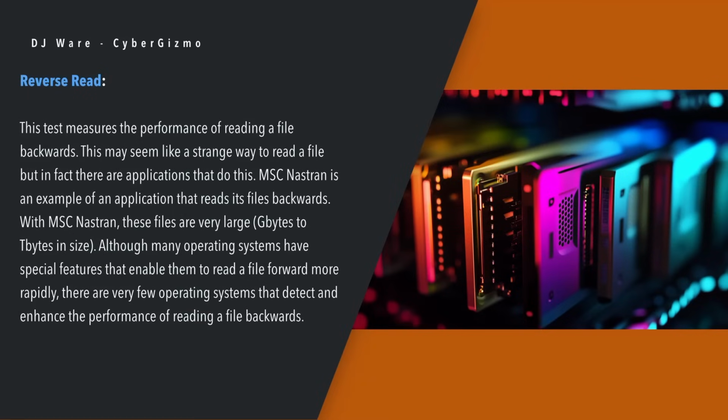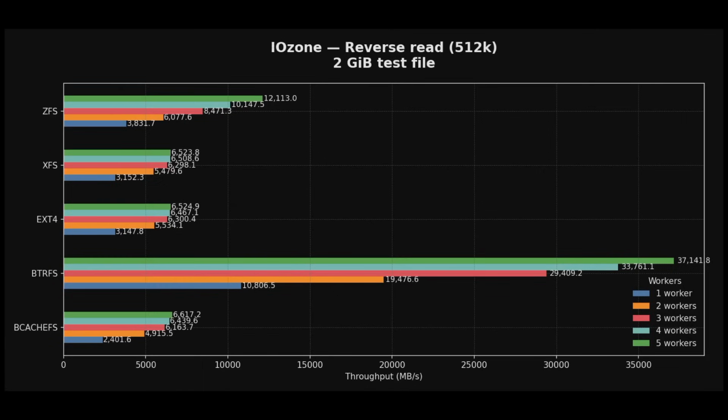Reverse reads are reading the file backwards. That's pretty typical of compilers. Microsoft C, Nastran is an example that does that. This one, the reverse read, Btrfs, I don't know where it's finding this horrendous speed. But anyway, it is.